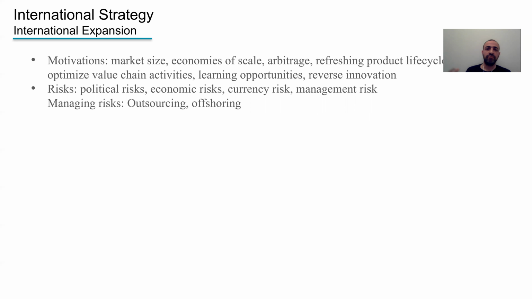You have a lot of new learning opportunities in new countries, and also you can have reverse innovation, making small changes in your products and selling them to the new market. Also, you have many risks. The most important one is political risk. China, for example. Anytime, the government could introduce regulations.